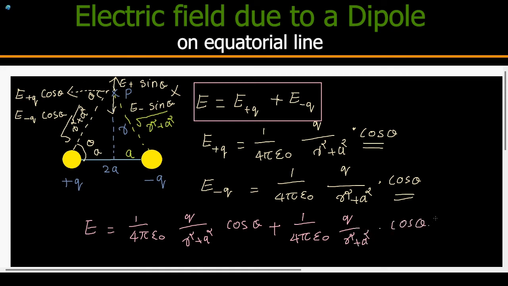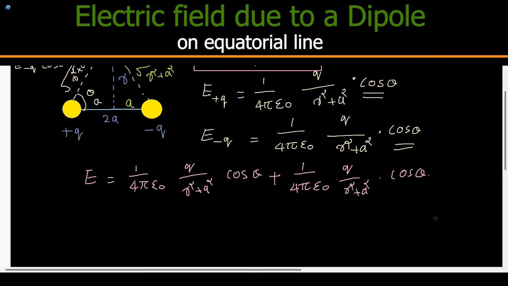Definitely the electric fields due to both minus Q and plus Q are the same. So it will become 2 times Q divided by 4 pi epsilon 0 into 1 by r square plus a square cos theta.